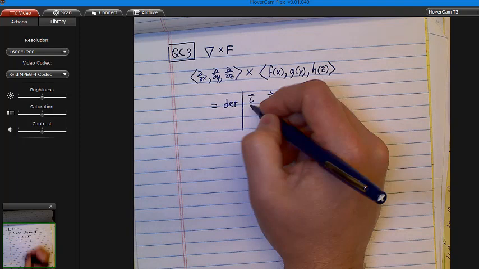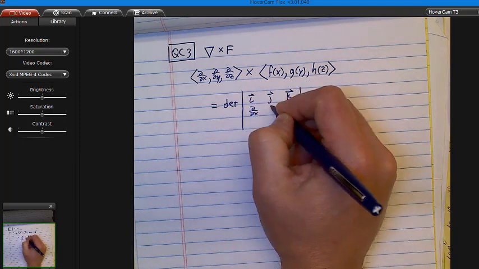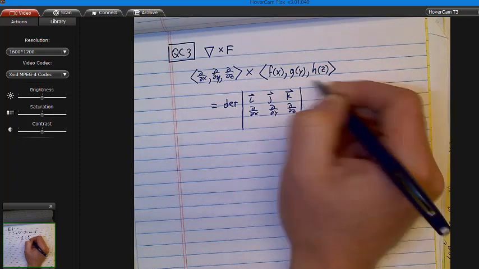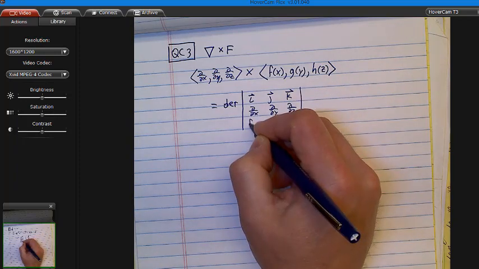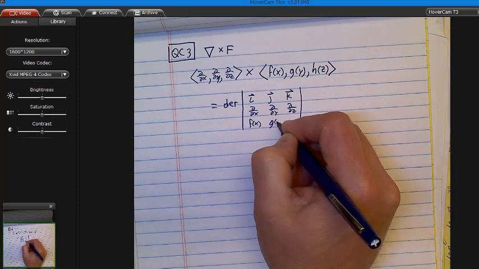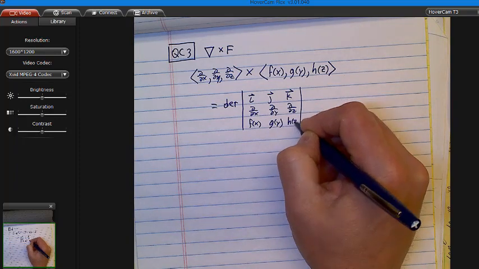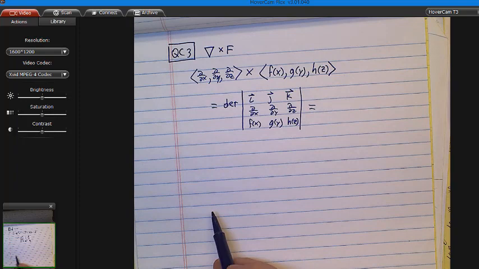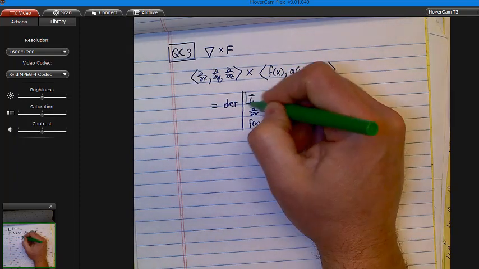Here I'm going to write these little operator symbols, partial with respect to x, partial with respect to y, partial with respect to z. And here I'm going to put f of x, g of y, h of z. Okay? And guys, when you take the determinant of something like this, I like to work right across the top row.